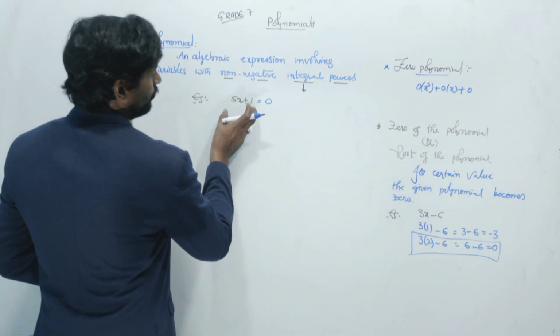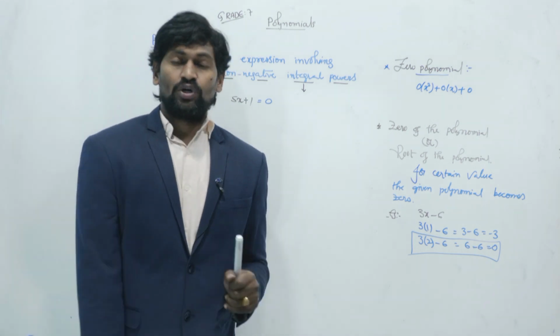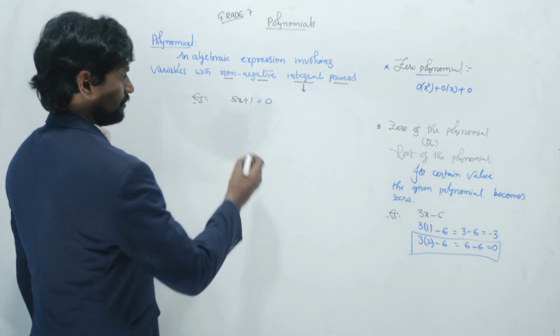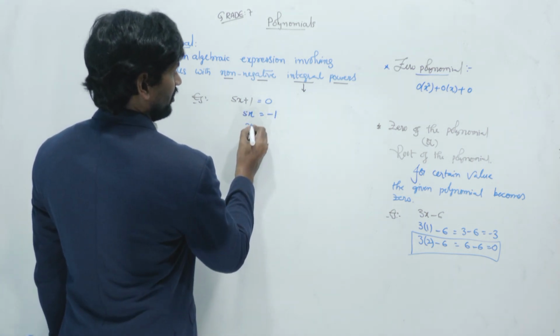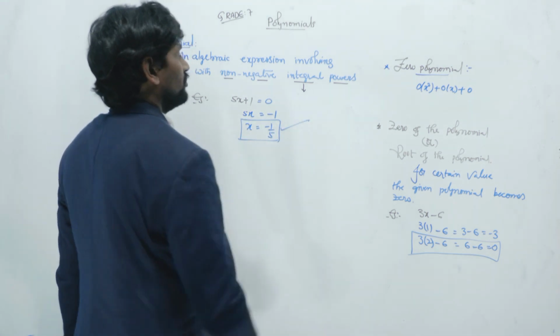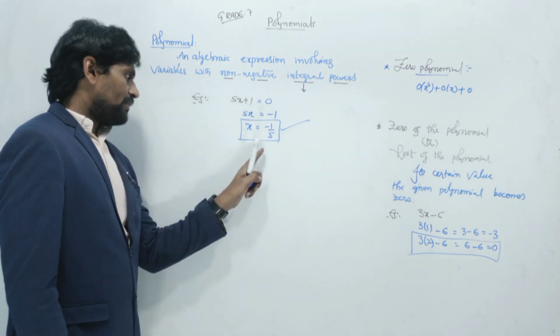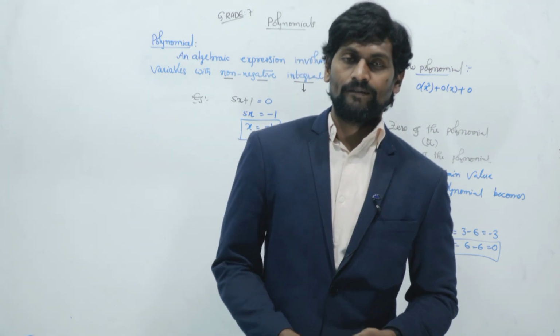Now, to find any polynomial's zero or root, we have to make them equal to 0. That means plus 1 transpose that side minus 1, 5x is equal to minus 1 by 5. So the x value at minus 1 by 5, the given polynomial becomes 0. Minus 1 by 5 is zero of the polynomial or root of the polynomial.